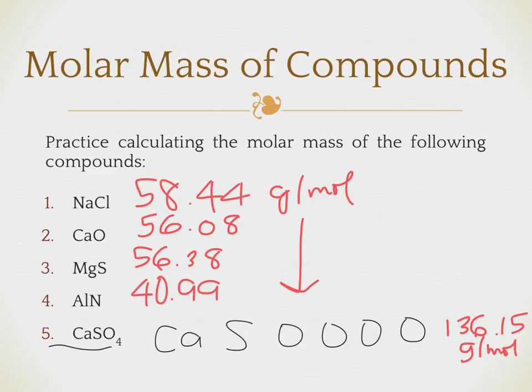So for sodium chloride, NaCl, the molar mass is 58.44. We talked about that in lab the other day. Calcium oxide, CaO, is 56.08. MgS, 56.38. AlN, 40.99. And then calcium sulfate, CaSO4, that is 136.15 grams per mole. I want you to put a star or something next to a problem that you struggled with in your notes so that we can talk about it when I come back.